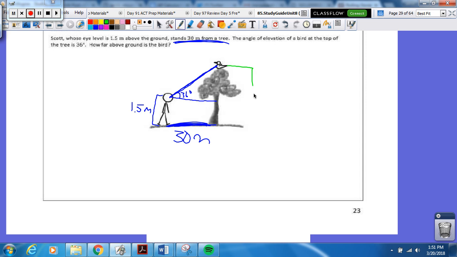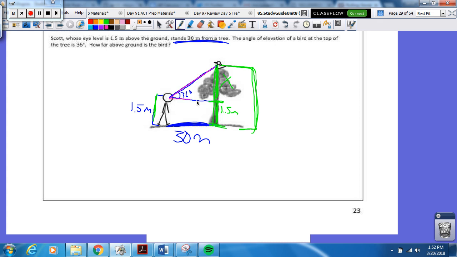So I'm looking for all of this right here. The only thing I know right now is that this is 1.5 meters. So I need this distance here. That's x. Once I get x, I'm going to add it to 1.5, and I'm going to get the full height of the bird from the ground.